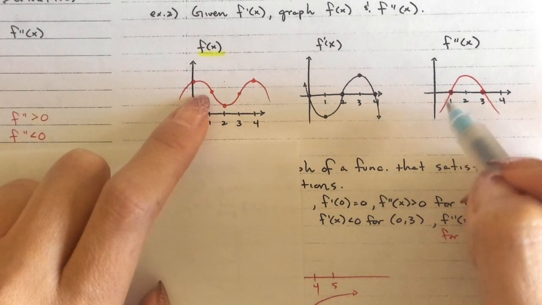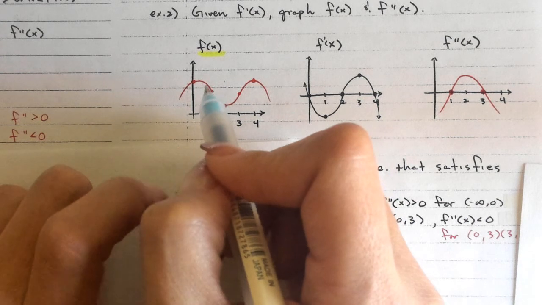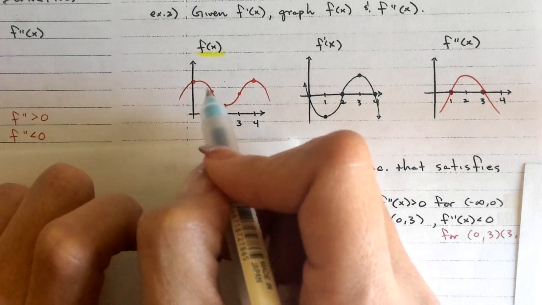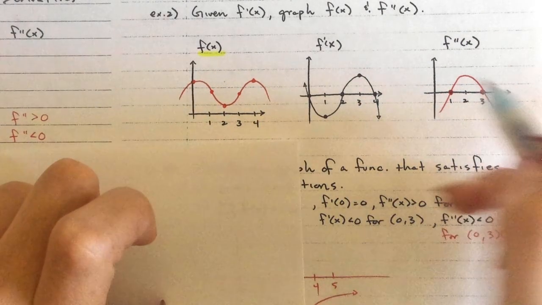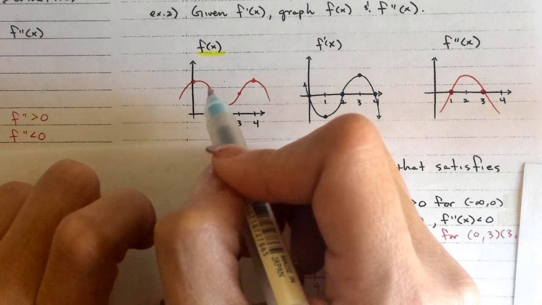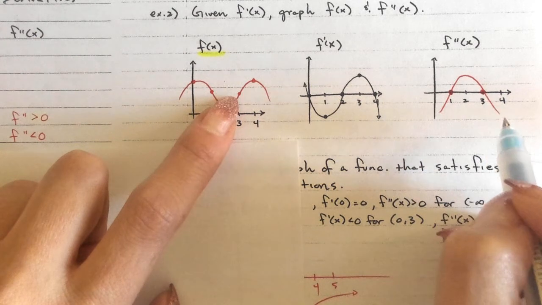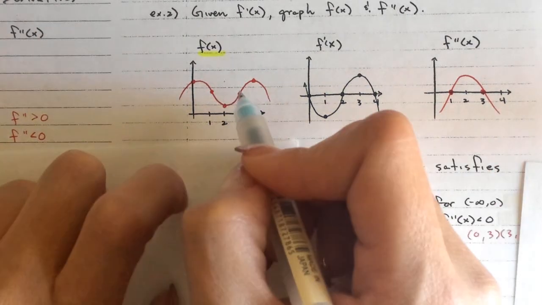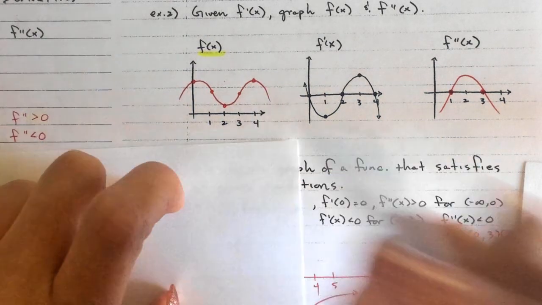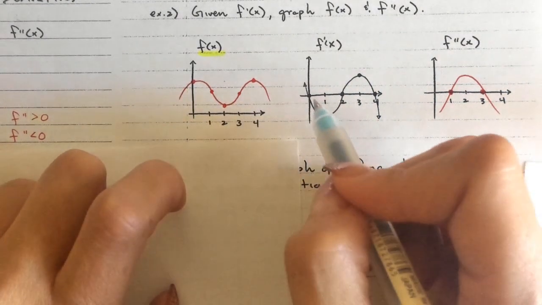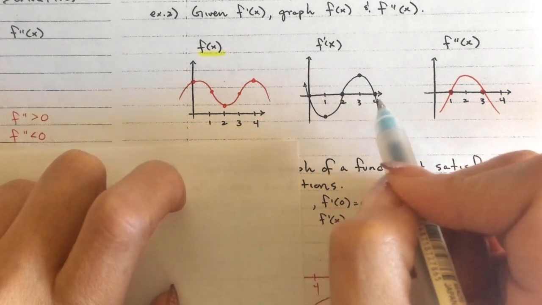So first my concavity is negative, so I make sure to draw it going concave down. And then between 1 and 3 my concavity is positive, so now I have concave up. And then after 3 my concavity is negative, so concave down. But I have to follow the points that I have for maximum, minimum, maximum.